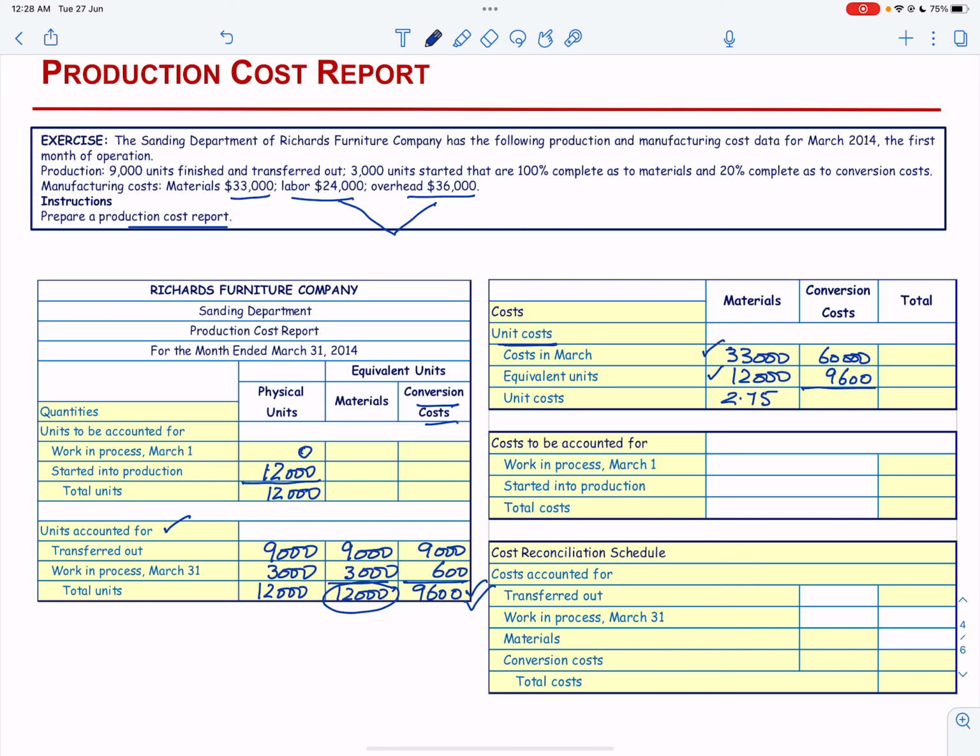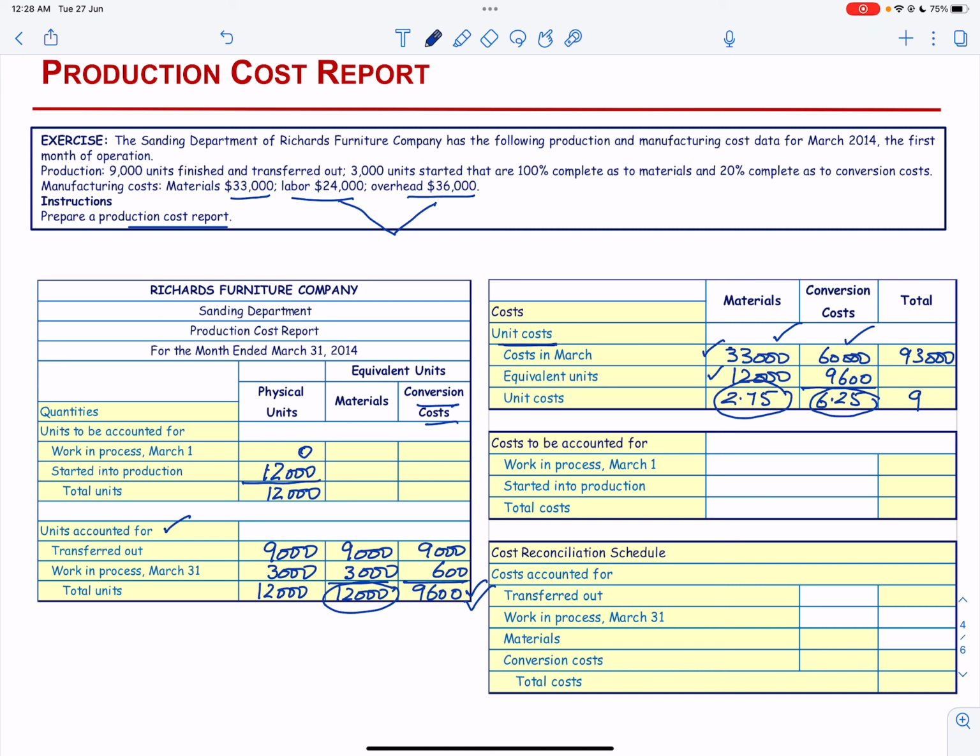So the unit cost in this case will be now 6.25. And the total over here will be 33 plus 60 is 93,000. And the rate will be 2.75 plus 6.25, that is equal to 9.